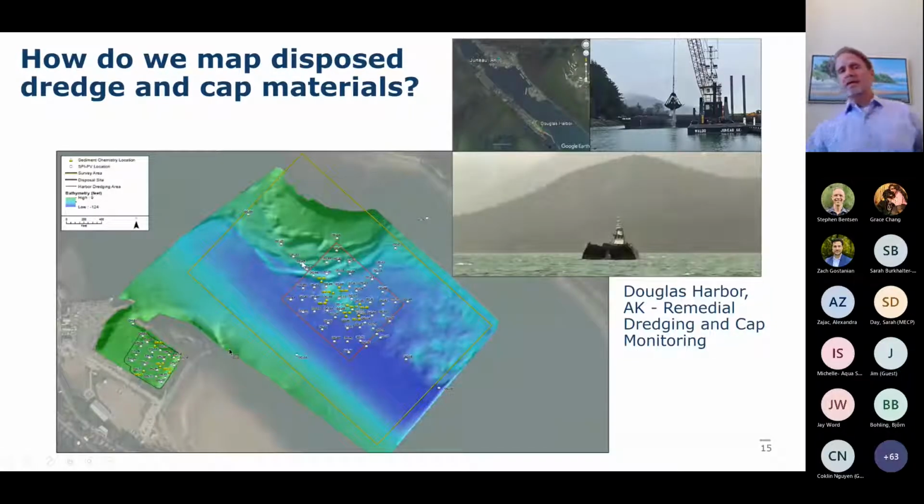So what does it look like when we pull all this together? Here's an example from Douglas Harbor, and Gene Revelis, who I believe is on as well, led this project for Integral. This is up in Juneau, Alaska. Douglas Island is off here to the south. This is a tidal strait north of Douglas Island. Douglas Harbor itself had contaminated sediment that needed to be removed, and it's still an active harbor as well.